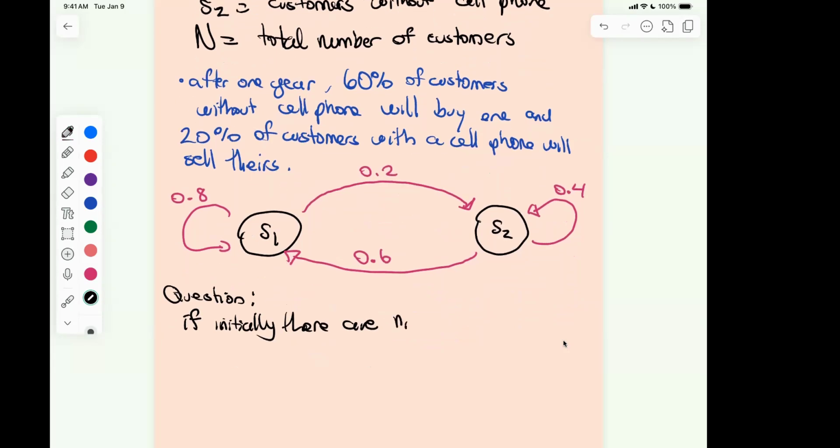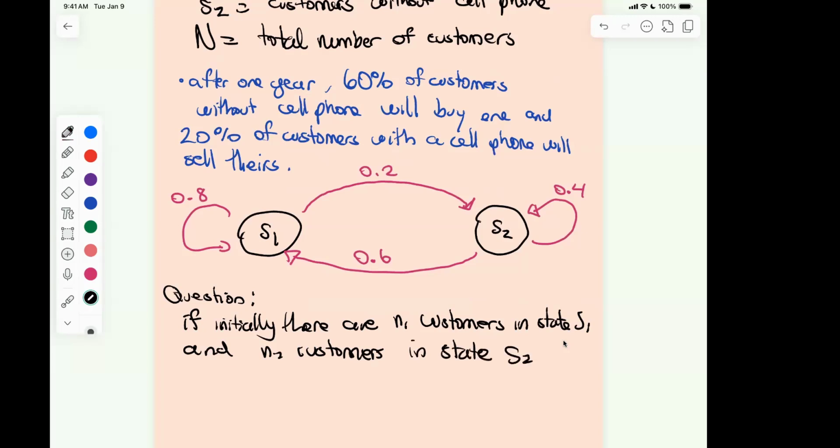There are N1 customers in state S1 and N2 customers in state S2.